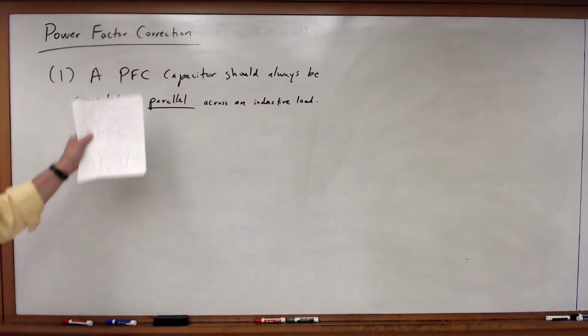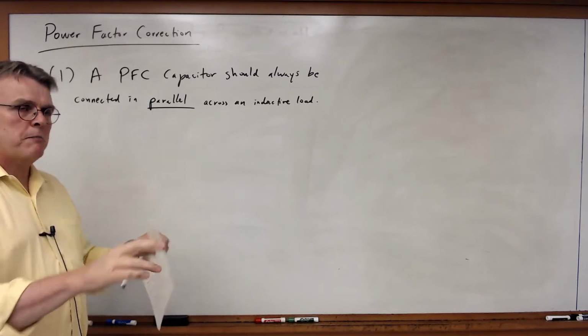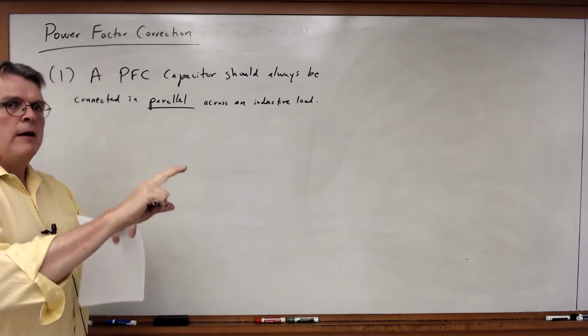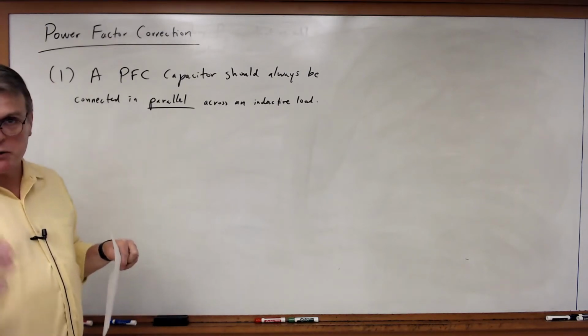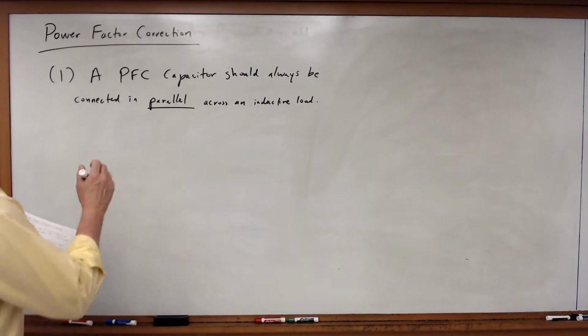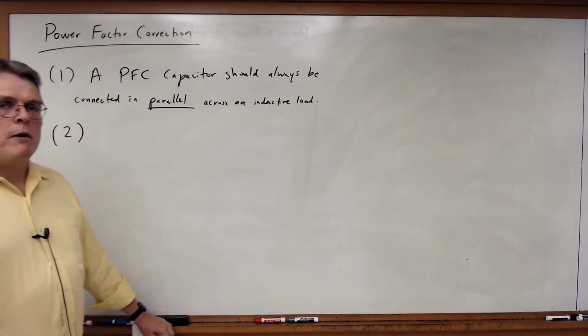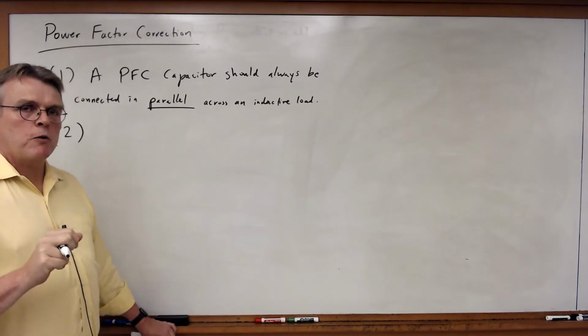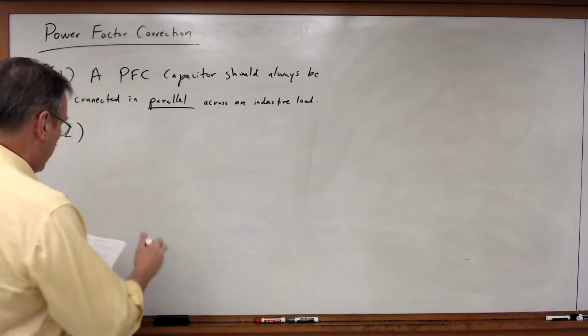So you're going to find the power factor correction capacitor will simply be across the load, and both of them will be connected directly to the source, as we already saw previously. Second thing is when performing power factor correction, the average power does not change.